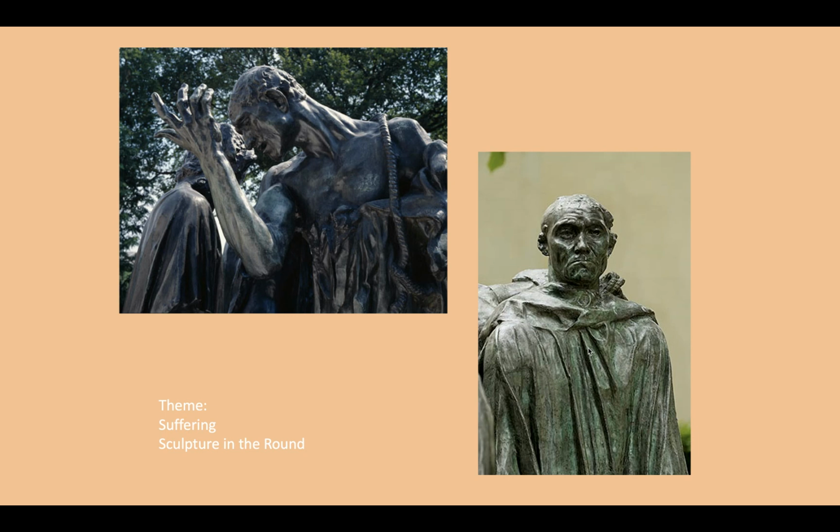And he says, okay. And he sculpts them thin and malnourished, their city has been besieged, there are terrible things happening. There are the six of them, and they're together but alone.